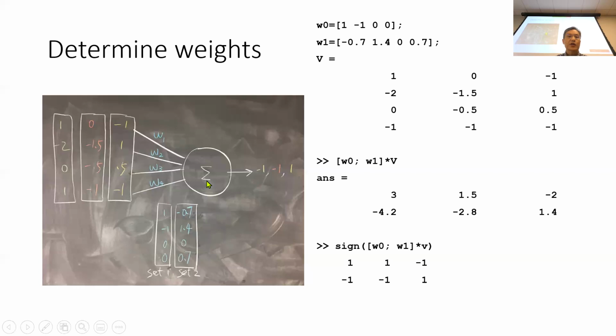So for this particular perceptron, there's only one operation: weight all the inputs and sum them. You can achieve this very simply by doing a dot product, a matrix multiplication.